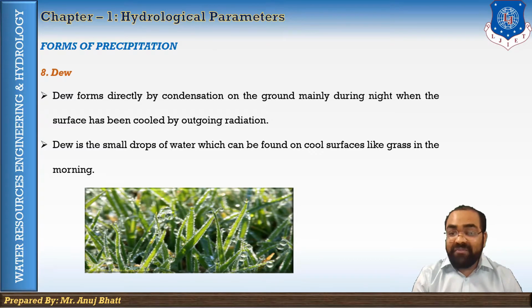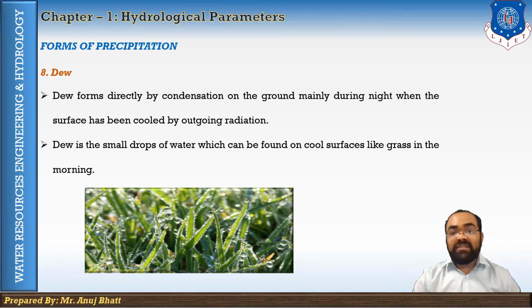Dew forms directly by condensation on the ground, mainly during the night when the surface has been cooled by outgoing radiation. Also, dew is the small drops of water which can be found on cool surfaces like grass in the morning. Okay, so these are all the various forms of precipitation.